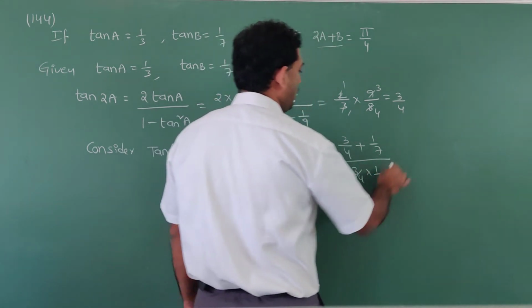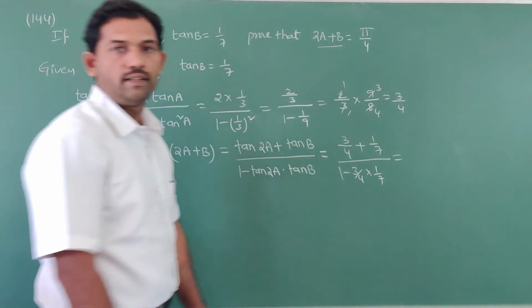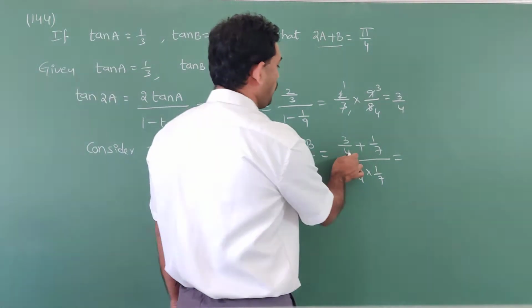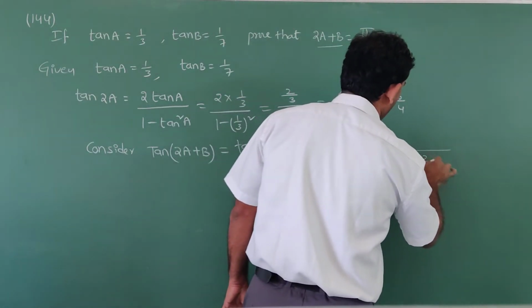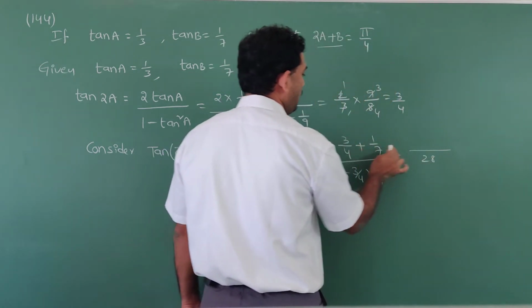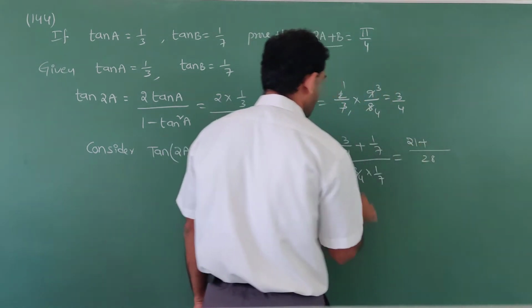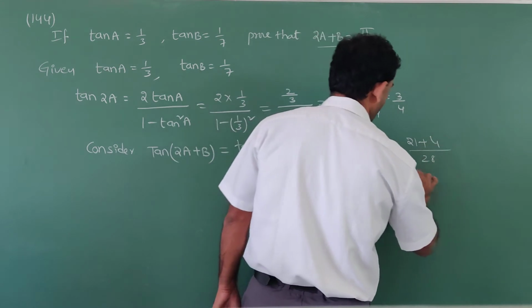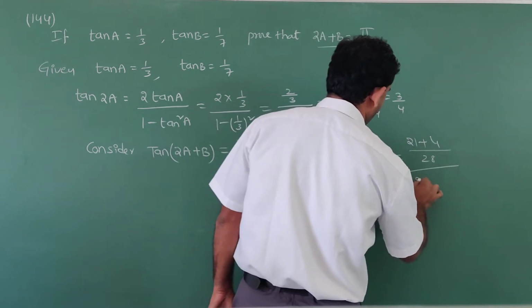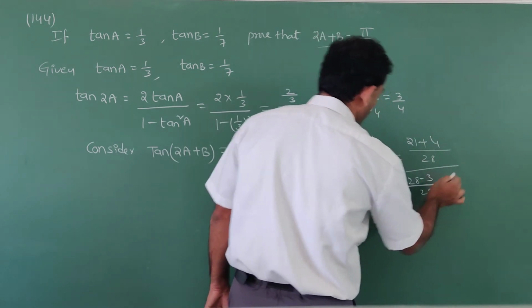Then simplify this. So 4 into 7, 28. Next 3 into 7, 21 plus 4 into 1, 4, all divided by LCM 28 minus 3 divided by 28.